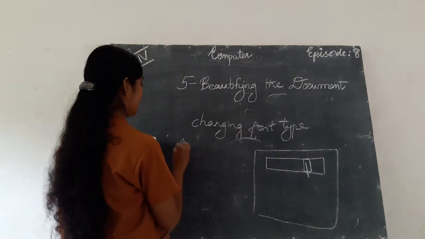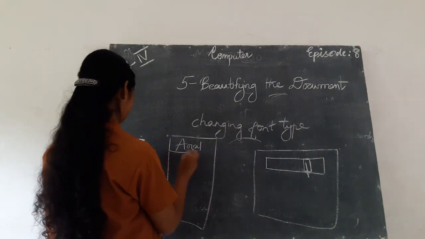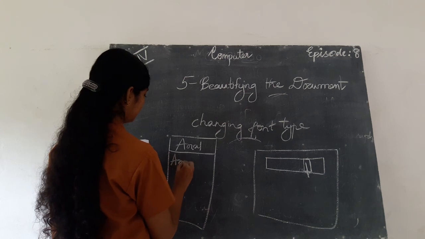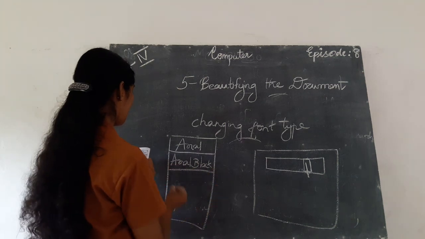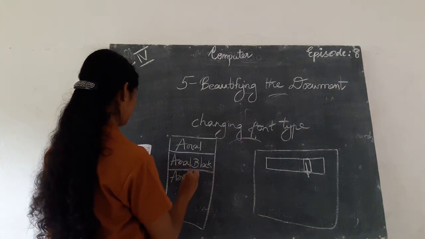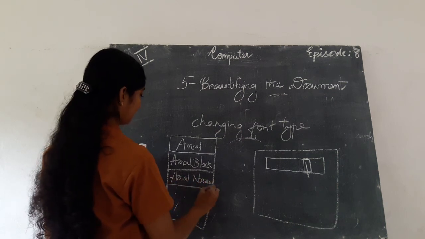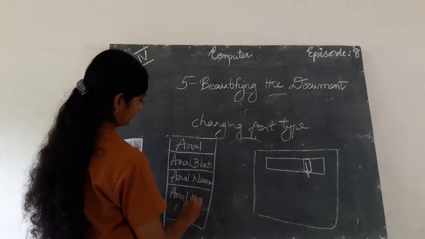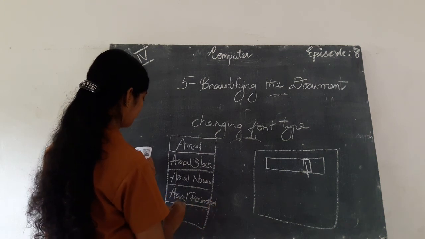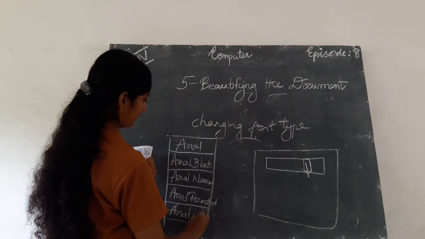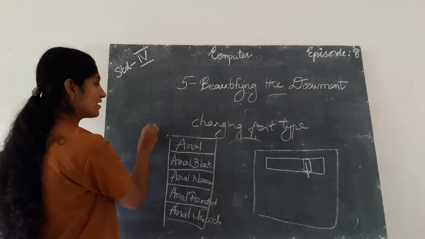The font types contain Arial, Arial Black, Arial Narrow, Arial Rounded, Arial Unicode MS, etc. These are the different fonts related to Arial.